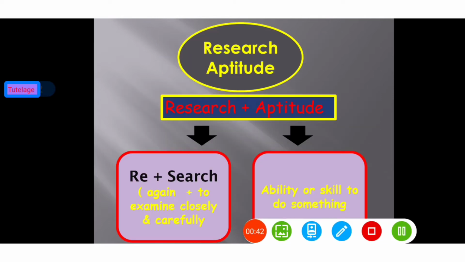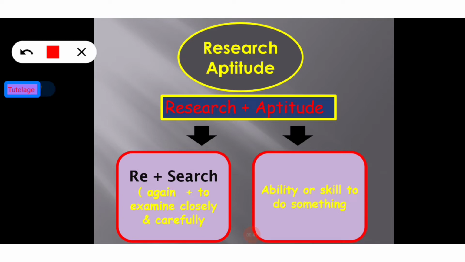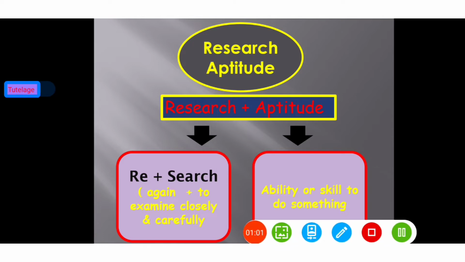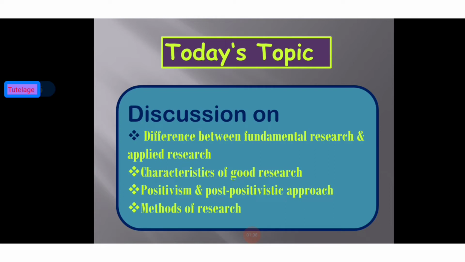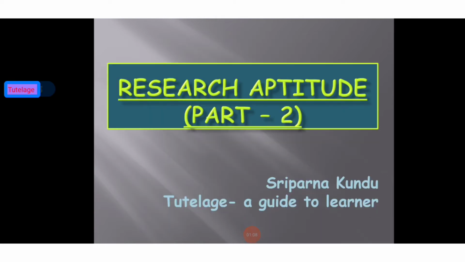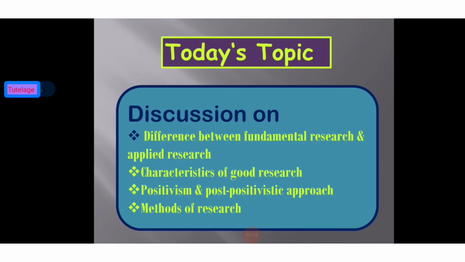So here we can see the first slide of this chapter, that is research aptitude. The basically two words, research and aptitude, both words are... So now going to the next slide.